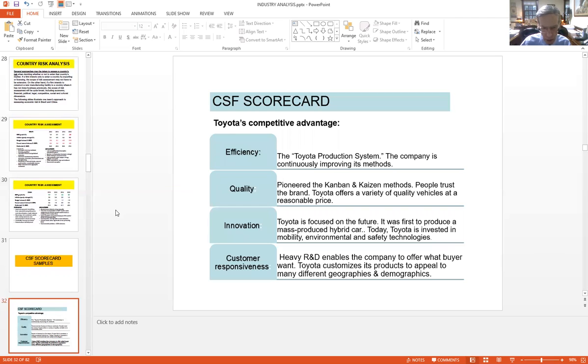Anyway, efficiency, quality, innovation, and customer responsiveness, according to this author, are the foundations for competitive advantage. And so one of the teams in my classes simply took a look at Toyota based upon those four criteria, and they did a good job.